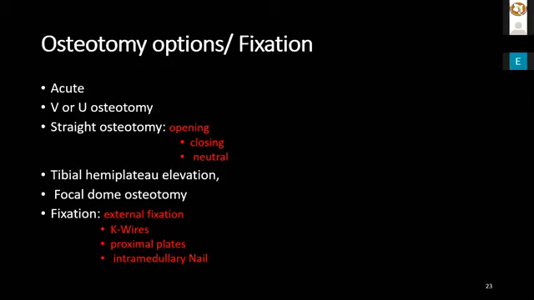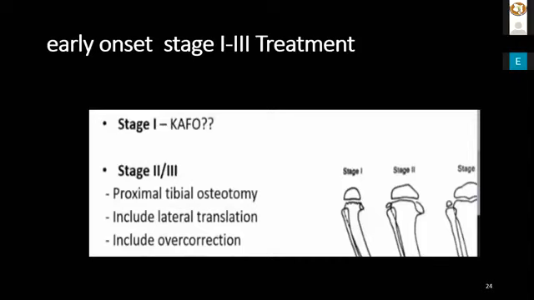I've chosen the hemi-plateau elevation osteotomy, the straight tibial ones, that's the common ones I do, and then the focal dome. The fixation method will depend, one, on the materials you have, two, the sphericity of the deformity, and three, of course, the economic status of the patient, because some of the materials can be very expensive.